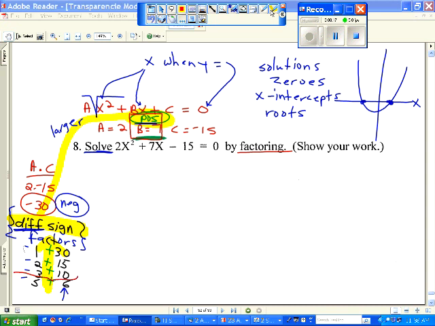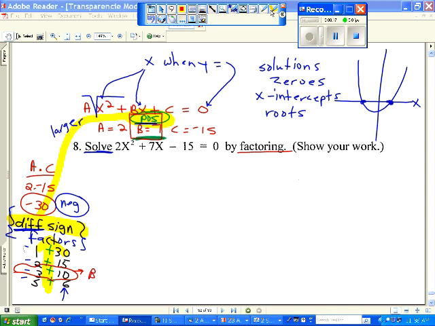Negative 3 plus 10. So that's the pair that add to give us 7 using sign rules. When you add or subtract with different signs, subtract and take the larger sign. 10 minus 3 is 7. The larger is positive, positive 7. So we found the pair that give us b using sign rules.